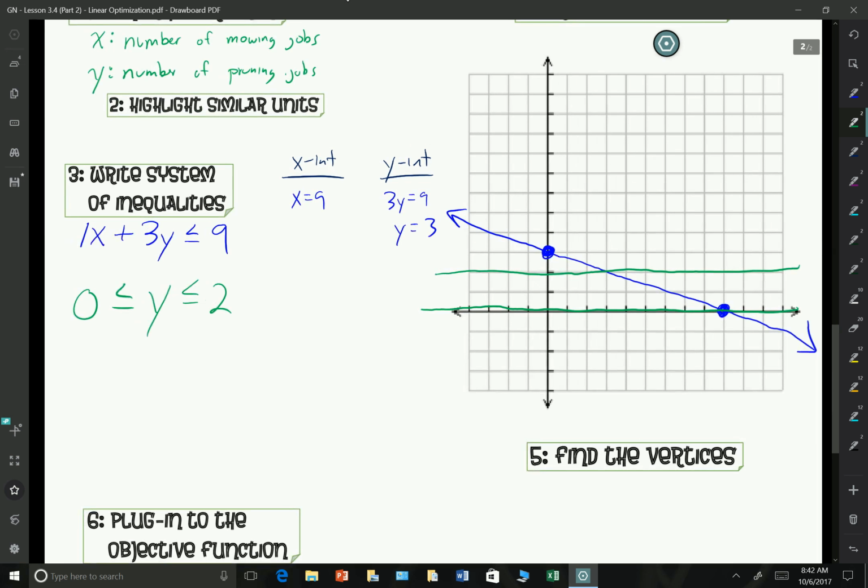That's good so far. We're missing something though. You can't have negative pruning jobs. Can you have negative mowing jobs? So I need x is greater than or equal to 0. That's going to stop the solution space from going into the negatives. And there is our solution space.